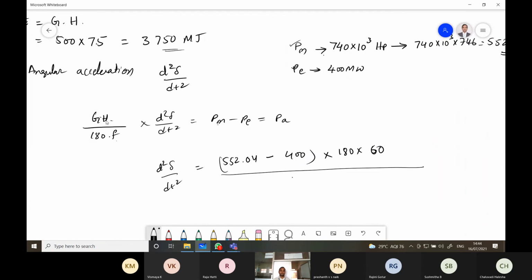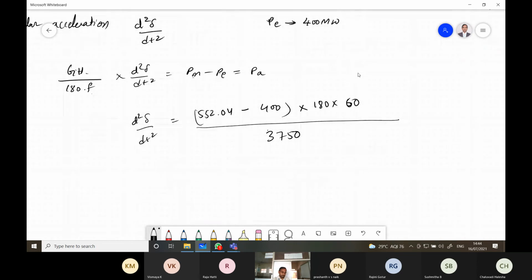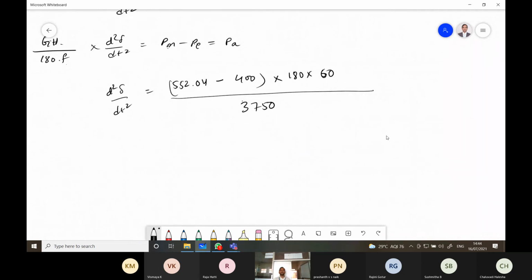So what is that G into H? G into H is 500 into 7.5, that is 3750. So calculate it. This is called angular acceleration, that is d square delta by dt square. That is also called alpha, angular acceleration.